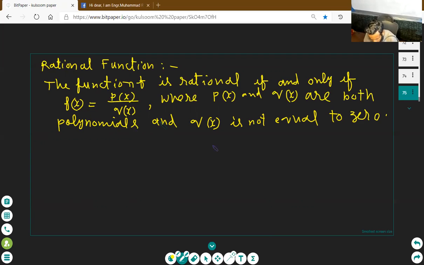Clear? This is the definition of rational function.